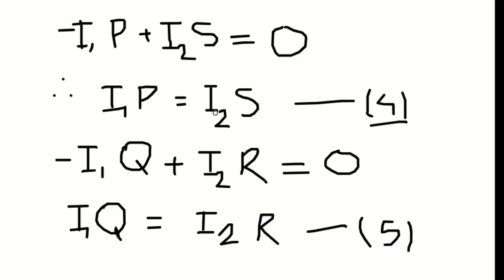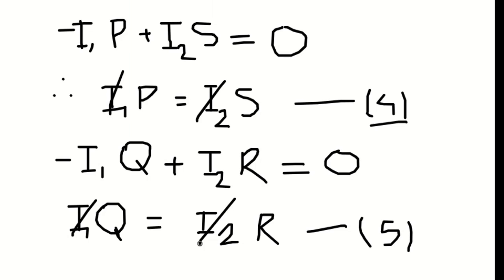Now dividing equation number 4 by 5, what will we get? LHS will get divided by LHS, and RHS will get divided by RHS. So this I1 and this I1 will get cancelled. Similarly this I2 and this I2 will get cancelled.